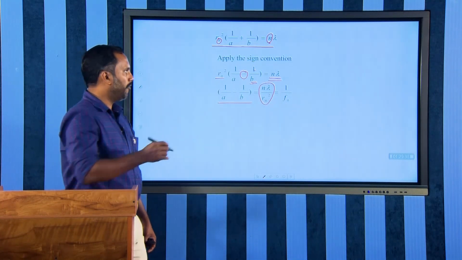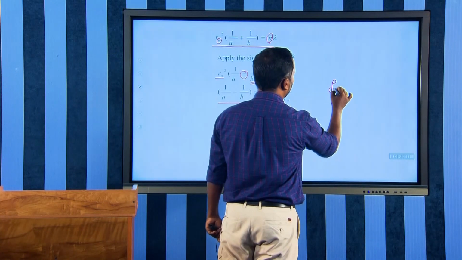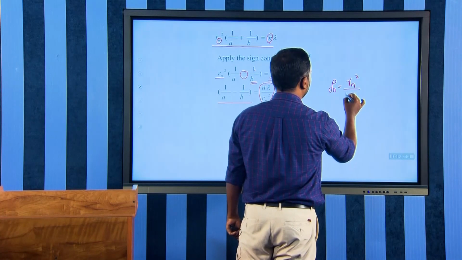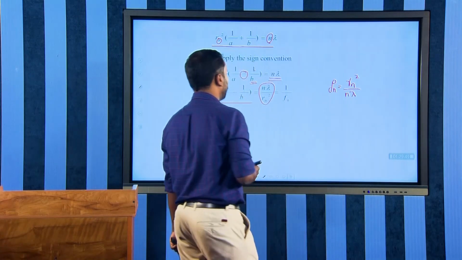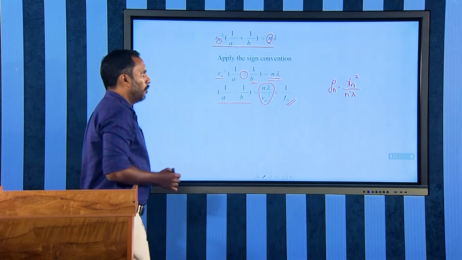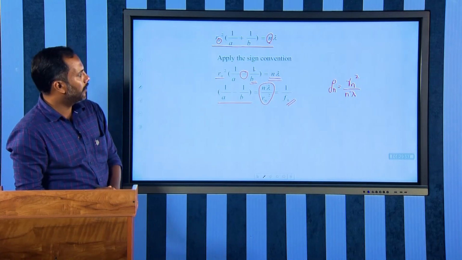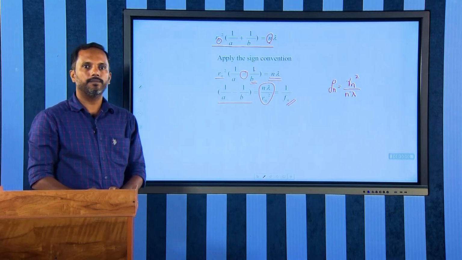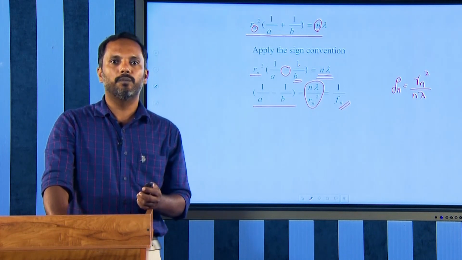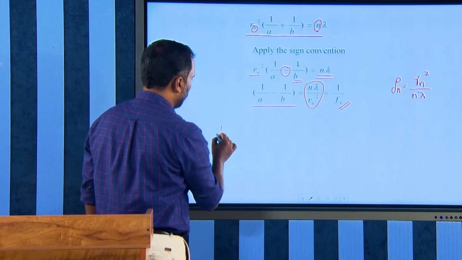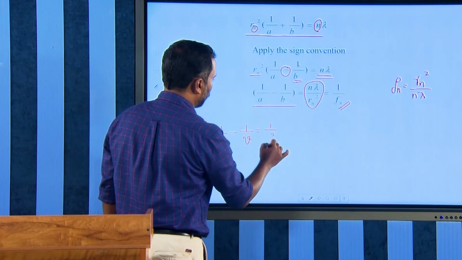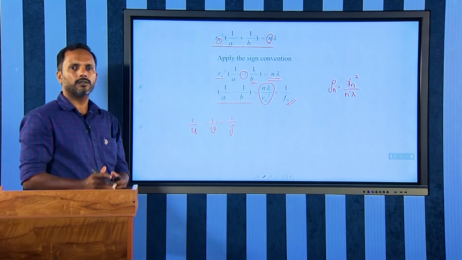You just recall that we have discussed that the focal length fn was Rn square divided by n lambda. Therefore, n lambda by Rn square can be written as 1 by fn, that is the focal length of the zone plate. That is similar to the equation we already have, that is 1 by v minus 1 by u is equal to 1 by f, and this formula is very familiar to us.